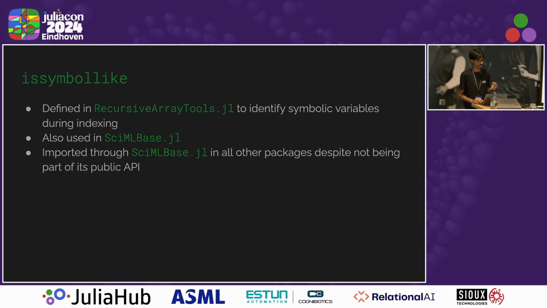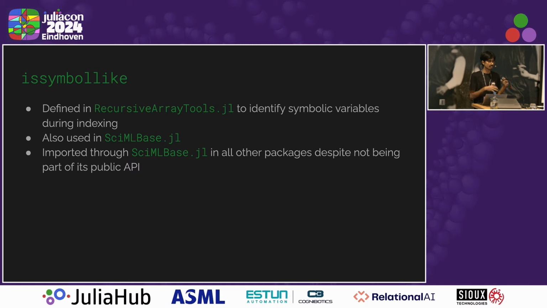Another problem, and you can see that's a very long list here, is this tiny little function called Symbolic, defined in RecursiveArrayTools for identifying what symbolic variables are, because they don't really have a common subtype, a common data layout, or a common trait.